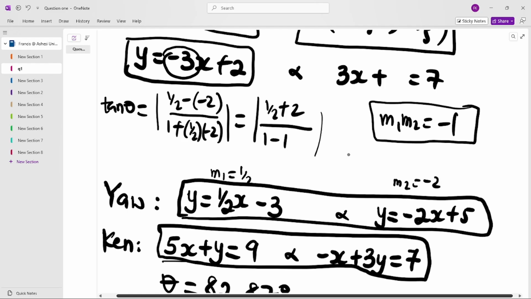Say it's right angle. It's 90 degrees. 90 degrees. So you have to check that.